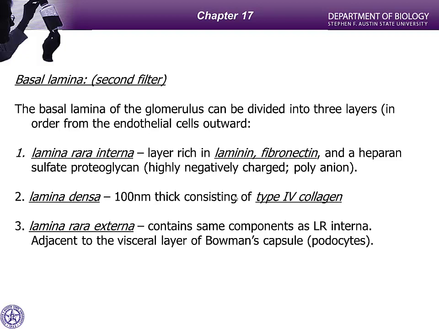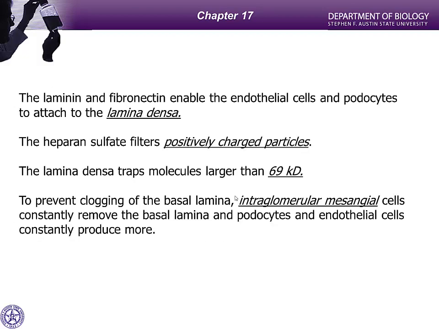And its components are going to be exactly the same as the interna, the cell adhesion molecules, the heparan sulfate proteoglycans. Now, as we mentioned, the heparan sulfate is going to filter positively charged particles. And the lamina densa, because of the type 4 collagen meshwork, is going to trap molecules that are larger than 69 kilodaltons.